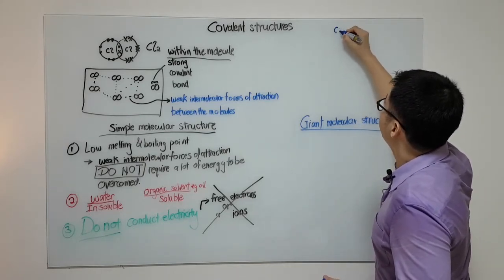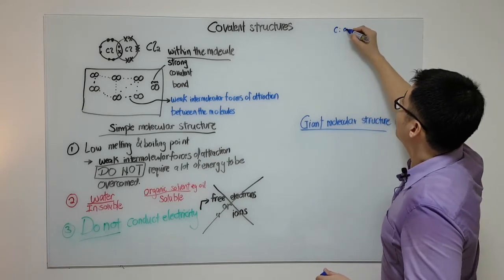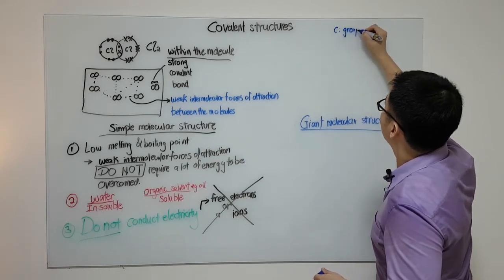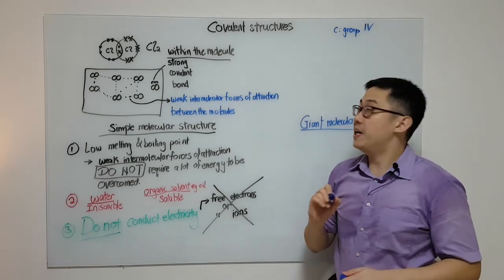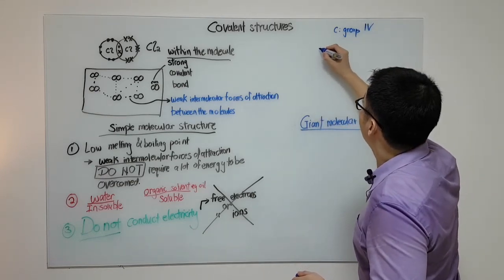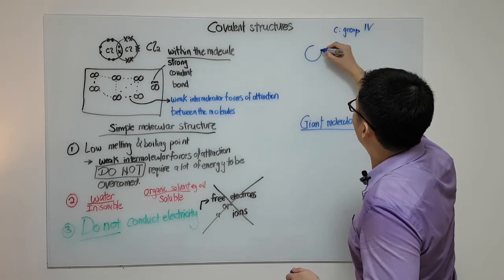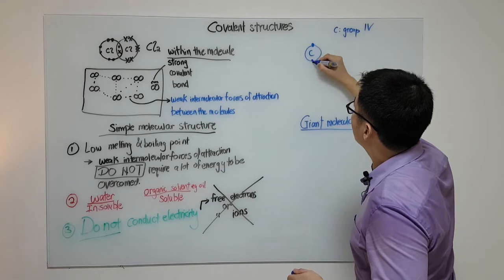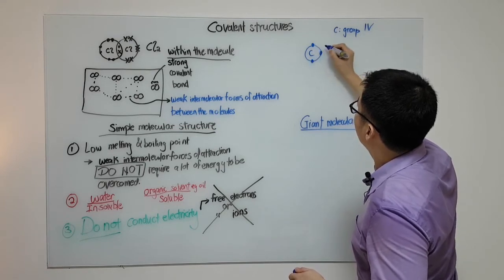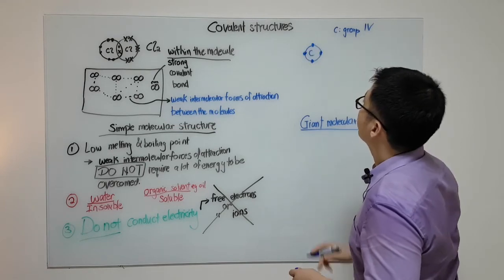Carbon is actually in group 4, so it means that it has a valence shell of 4 electrons. I have 1, 2, 3, and 4.